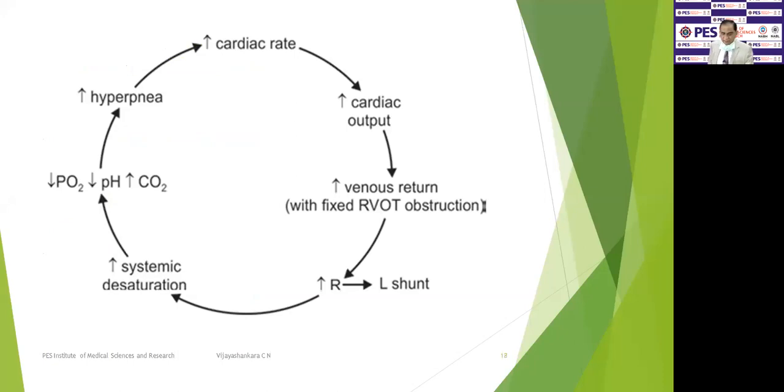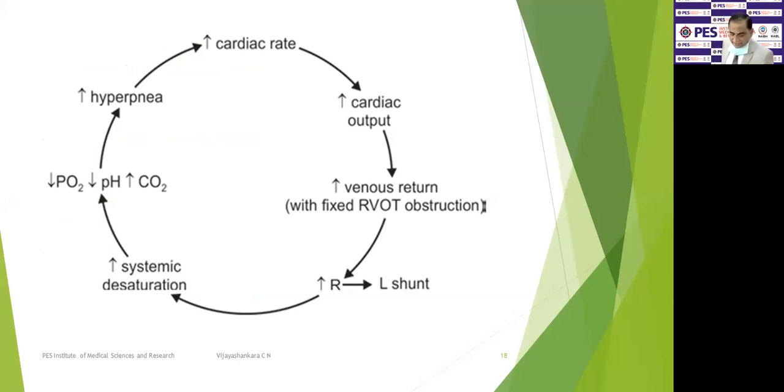And this is the cycle which leads on to hypercyanotic spell. What exactly happens is there is a tachycardia as an initiating feature. The child usually gets up from his sleep, starts crying.